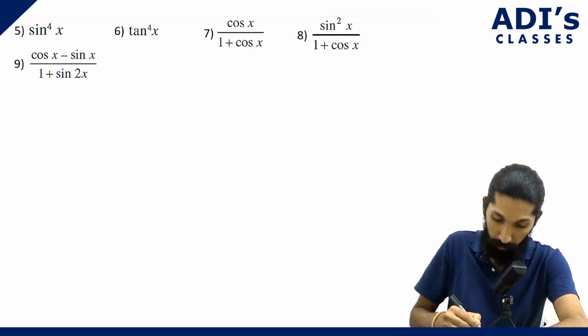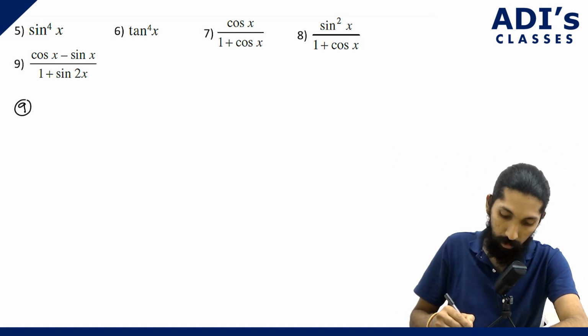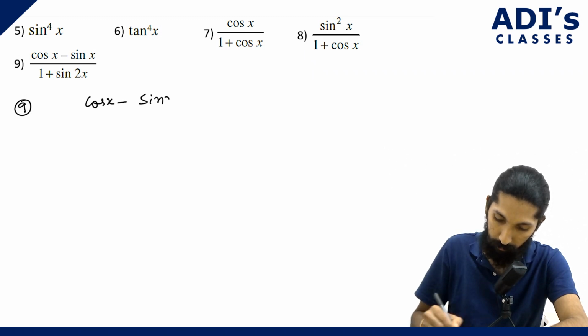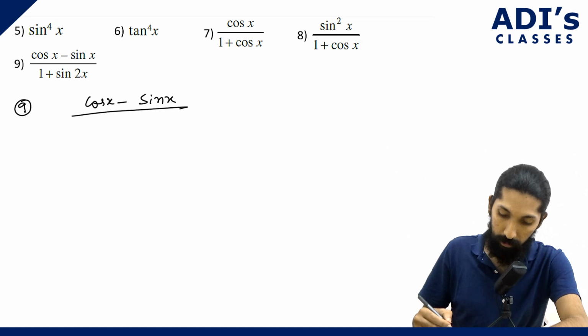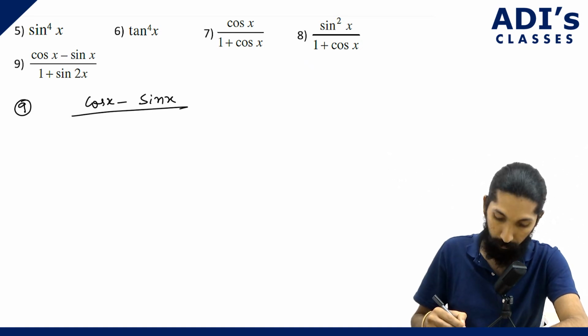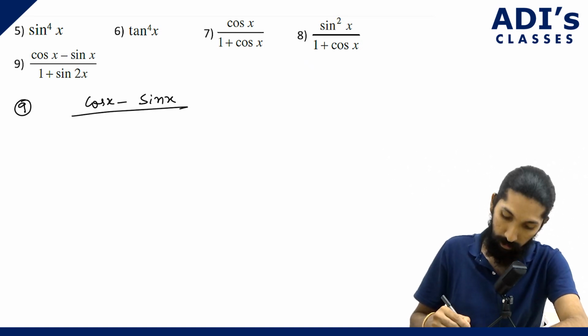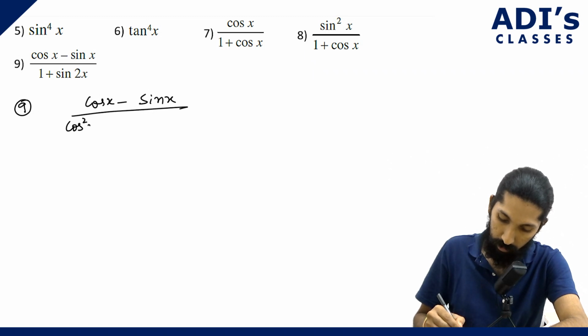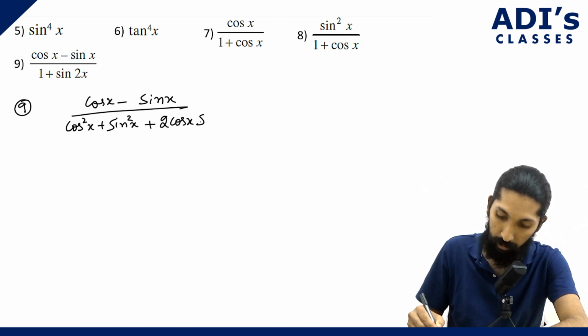See here, you have cos x minus sin x by, see the denominator, 1 is there, correct? So let's write it as cos square x plus sin square x plus 2 cos x sin x, correct?